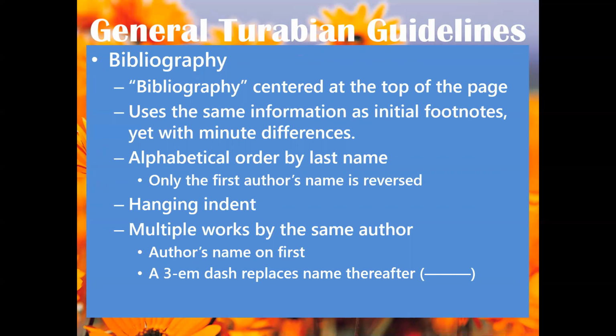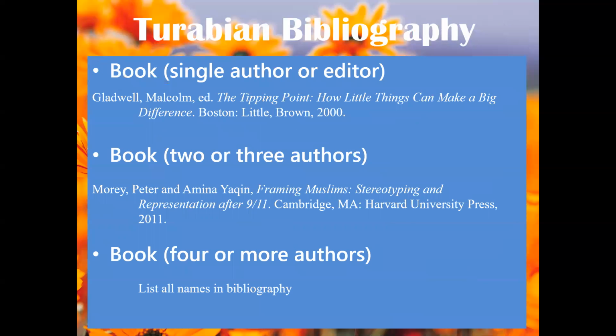In your bibliography, everything has to be in alphabetical order, with the last name being the indicator of where it fits in the alphabet. When it comes to more authors in the bibliography, you're going to type in all the authors. It's only in footnotes that you don't do that.